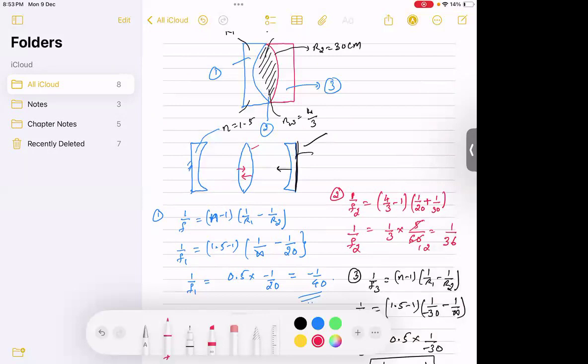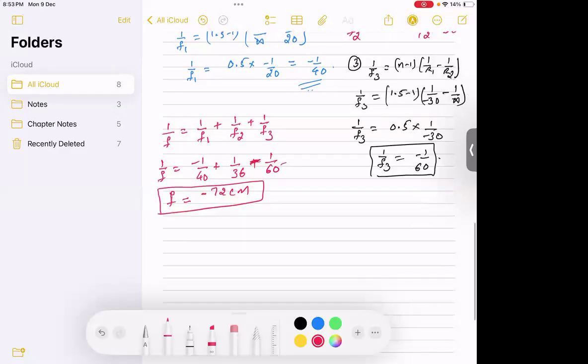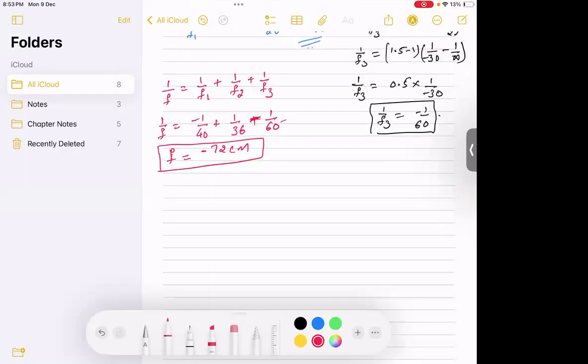This type of problem will come in the CT exam. Apart from this, there is one more very frequently asked question, students. They will give one convex lens and immerse it in water. After immersing in water, they will give the focal length in air.